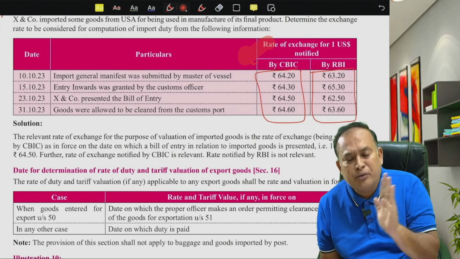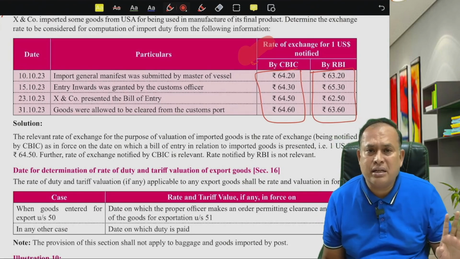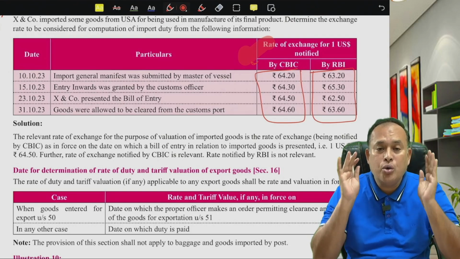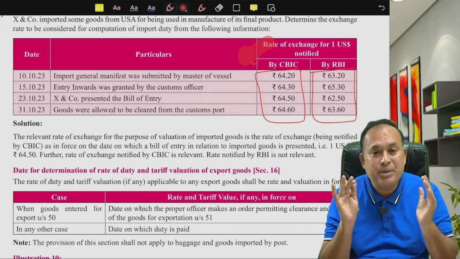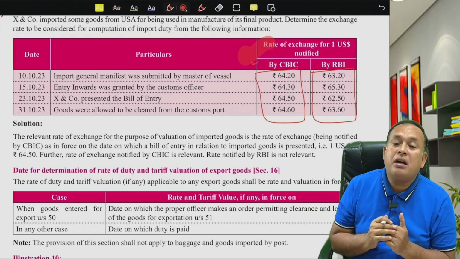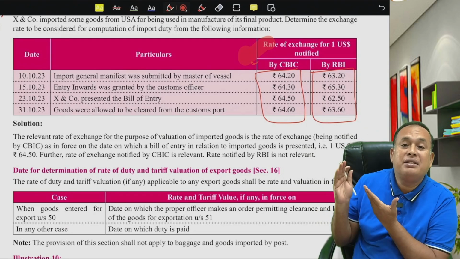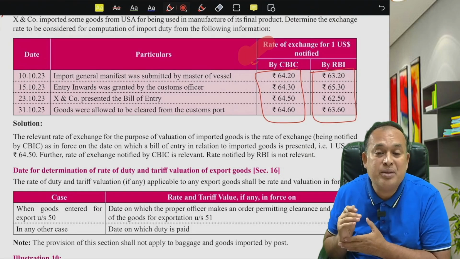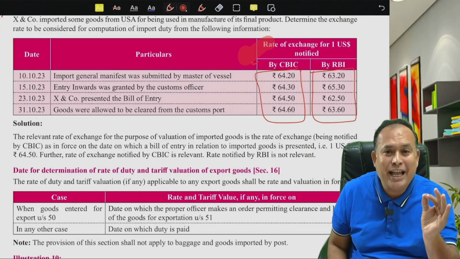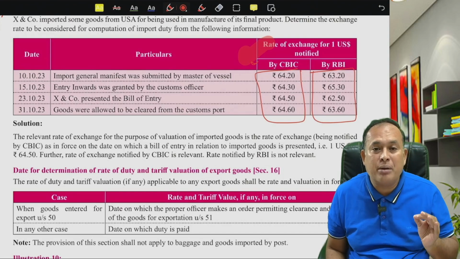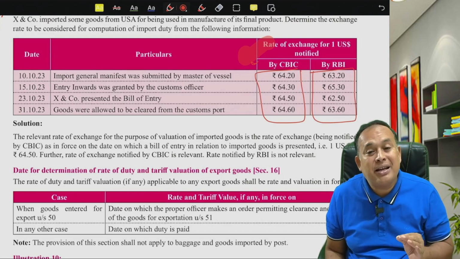No problem. First and foremost, in the last class I said that we have to refer only to the exchange rate of CBIC. Sir, here different exchange rates are given, sir. Which exchange rate of CBIC should be considered, sir? Simple, look. At the time of submission of the bill of entry by the importer, what rate prevailed?